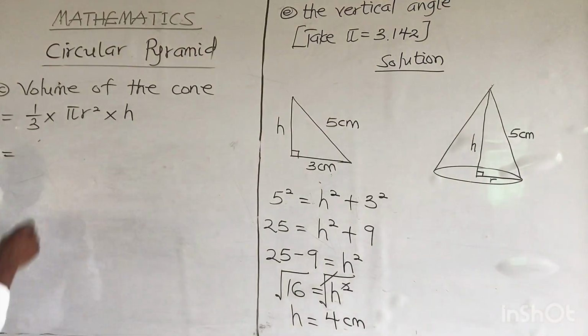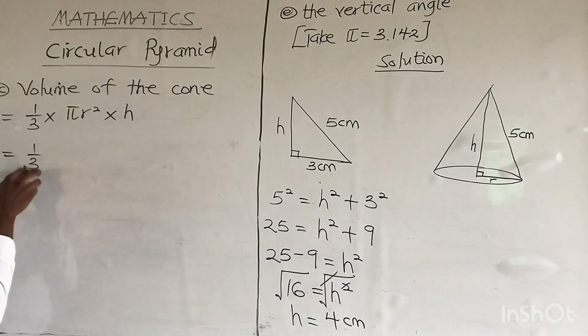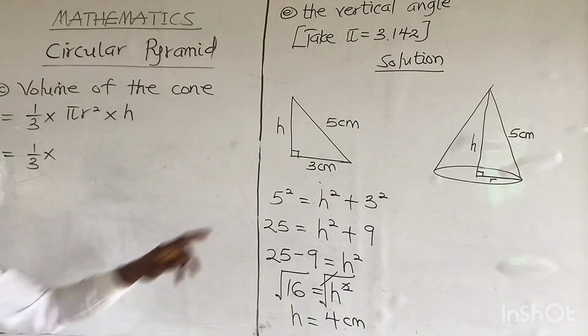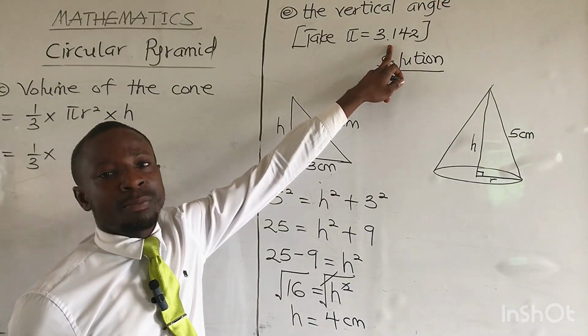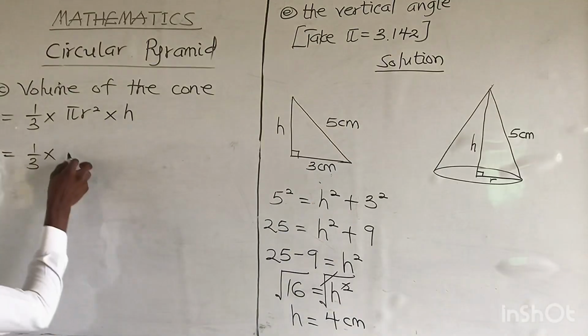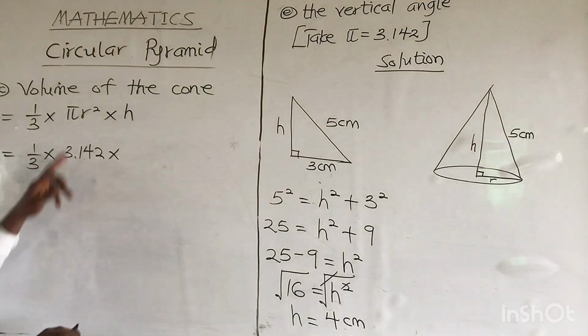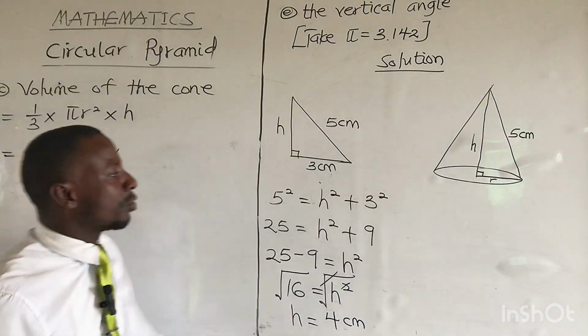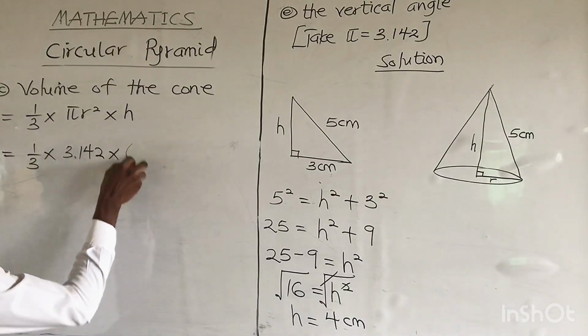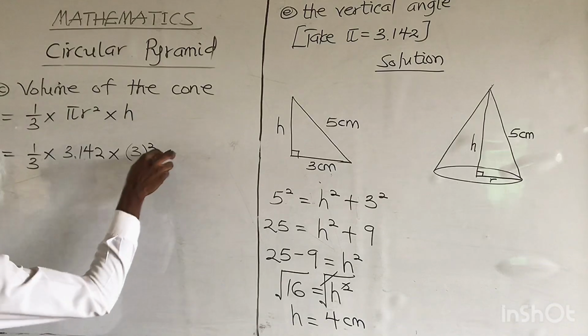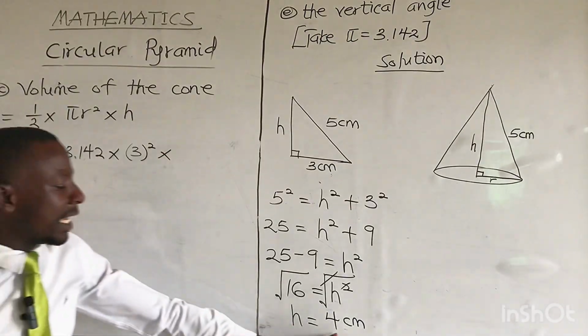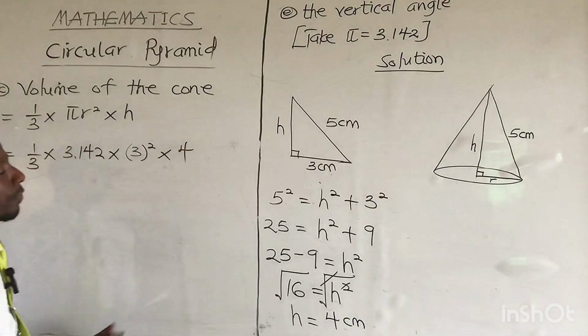Now with the volume of the cone we have 1/3 multiplying pi, and from here pi was 3.142. So 3.142 times the radius, we have radius to be 3, so we have 3 squared multiplying the height h, which is 4.